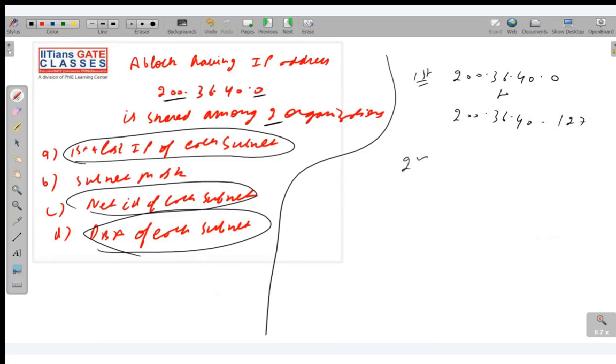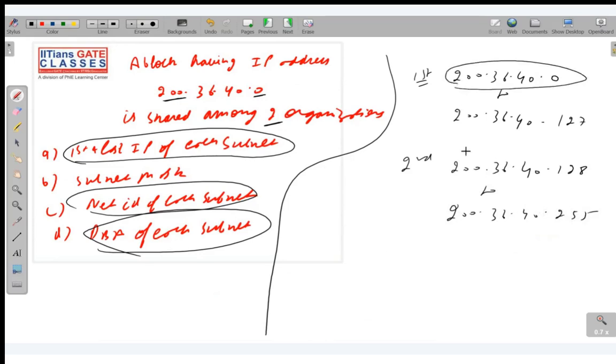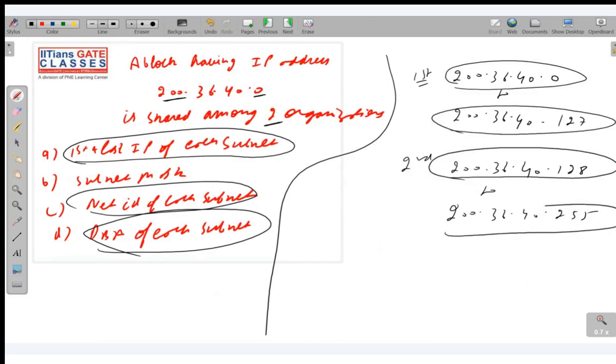For the second organization, 200.36.40.128, because now here we will have 1, to 200.36.40.255. Then the net ID of each subnet, net ID of first subnet, net ID of second subnet, DBA of first subnet, DBA of second subnet.